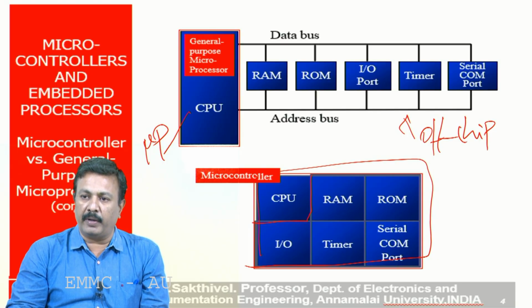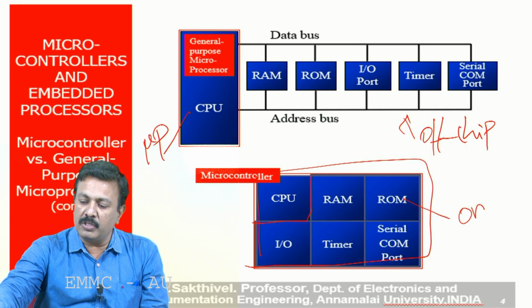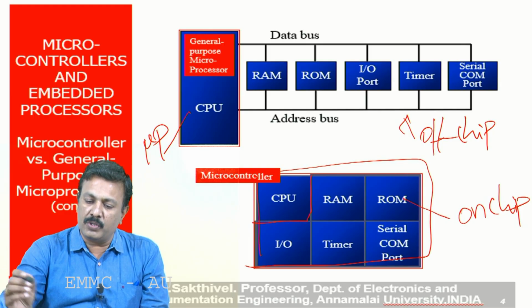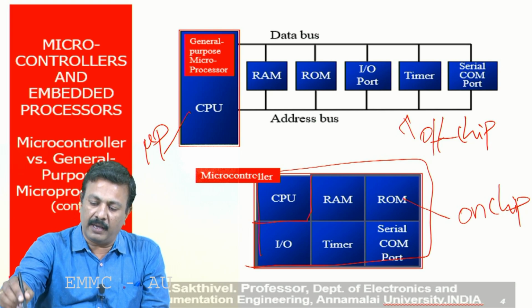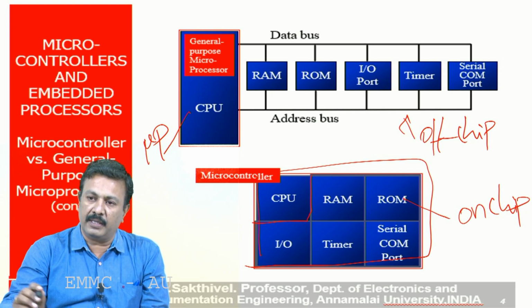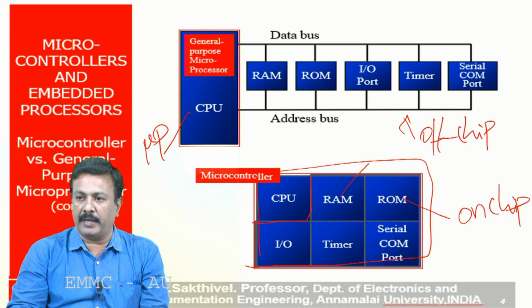In addition to the microprocessor, there are many on-chip peripherals available. What are the things outside the microprocessor in the microprocessor based system? Here all the things come under a single chip. You can see on-chip RAM, on-chip ROM, on-chip I/O lines, on-chip timer, on-chip serial communications, like that.